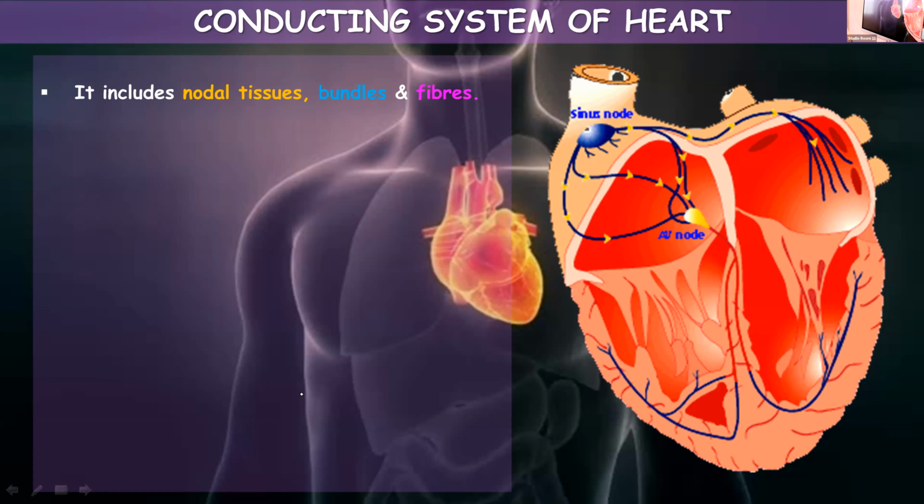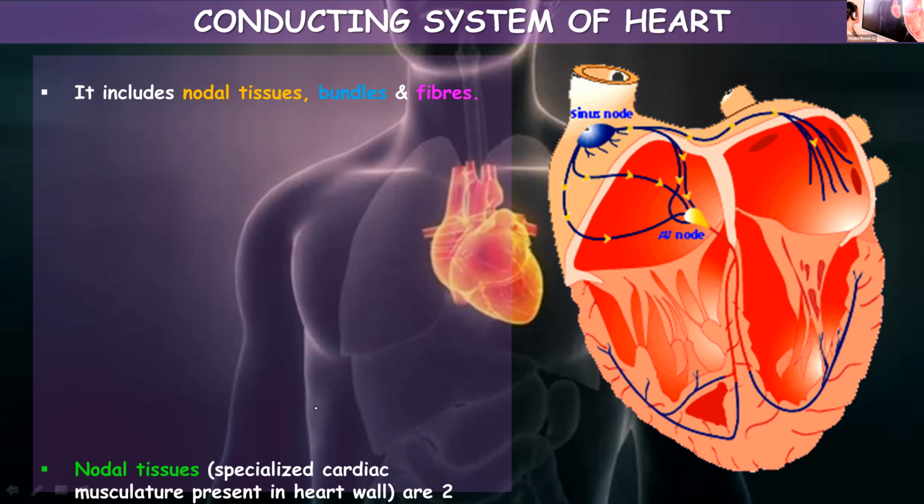The conducting system of the heart includes nodal tissues, bundles and fibers.